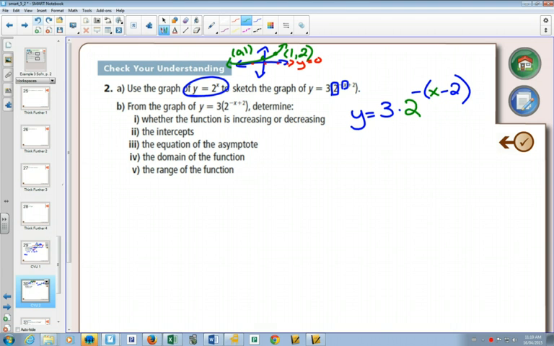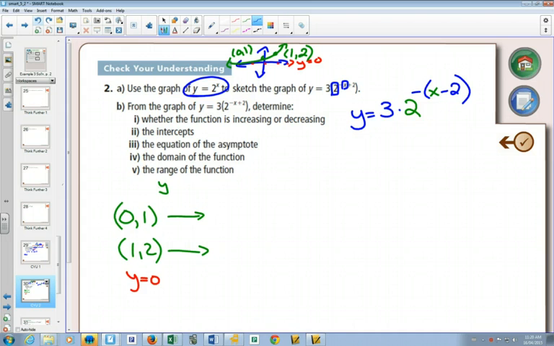Now, when we want to graph this one, we're going to take those points, 0, 1, 1, 2, and our asymptote y equals 0. When we move from left to right, first thing we run into is the 3.